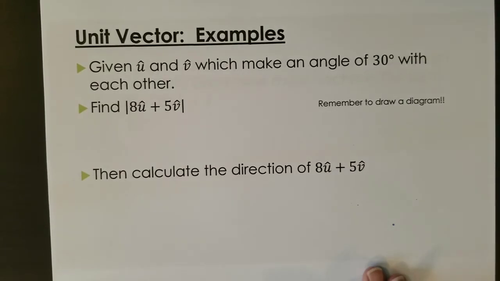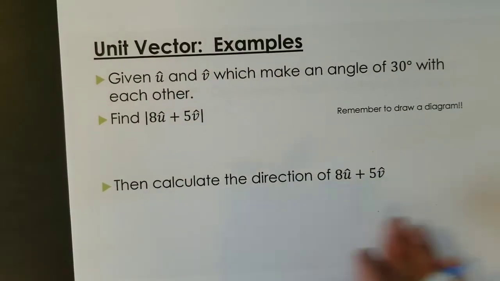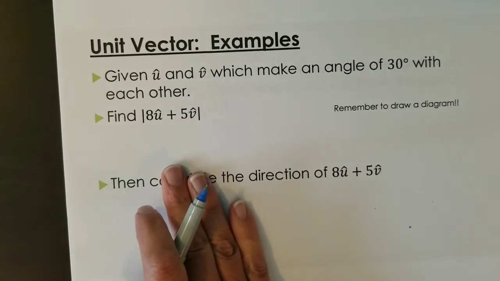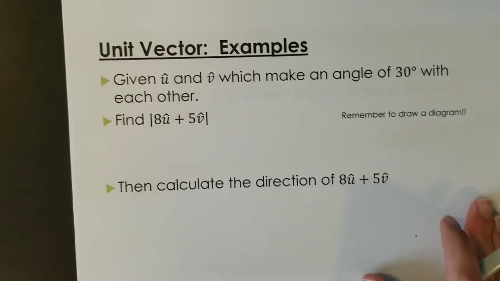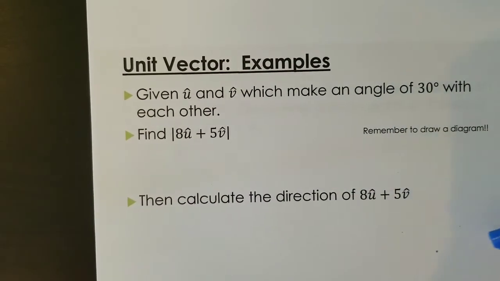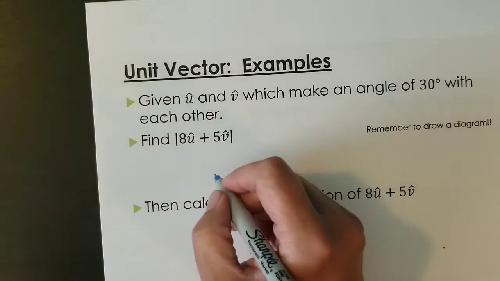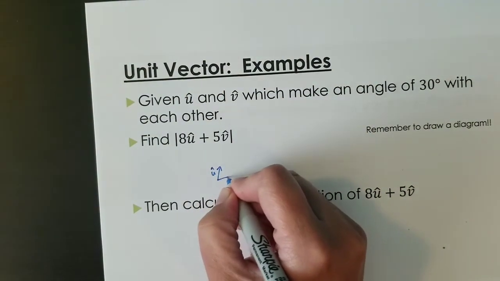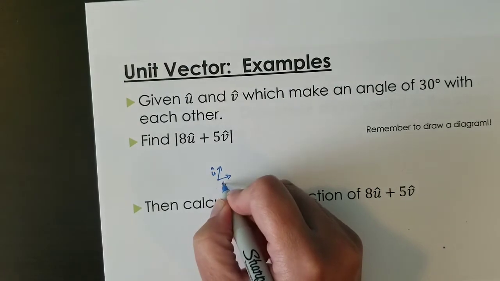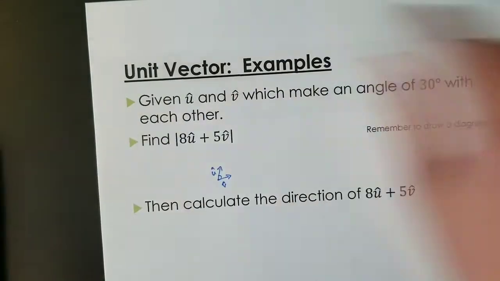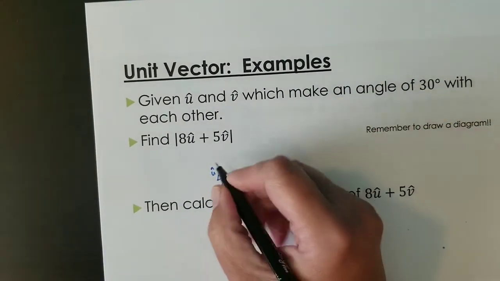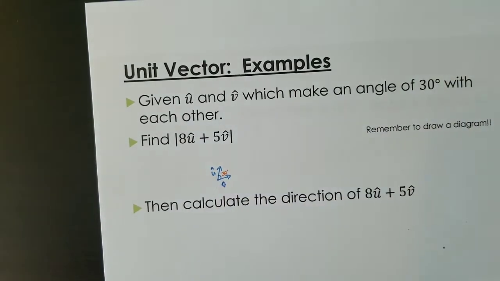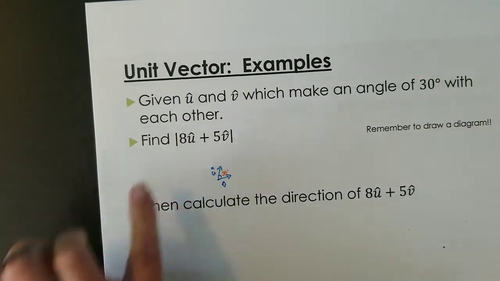Similar kind of question here. We're going to calculate the magnitude and direction of 8u hat plus 5v hat. So I'm going to, again, draw these, still the same ones with the angle of 30 between them, but now we've got addition.